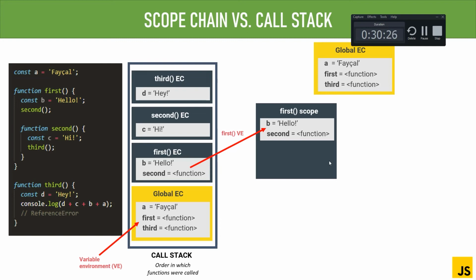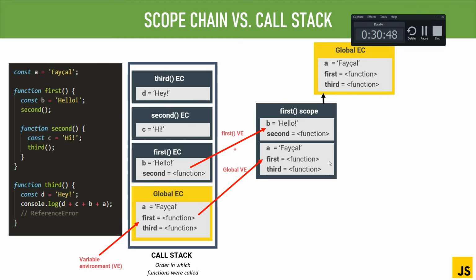And once more again, this is exactly the same as the variable environment of the function execution context. However, that's not all, because now we already know about the scope chain. So the first scope also gets access to all the variable from its parent scope, thanks to the scope chain.